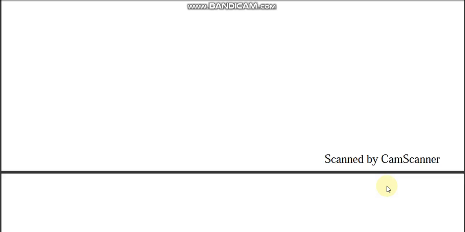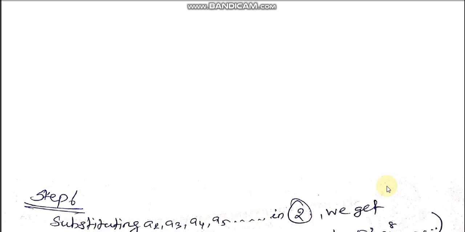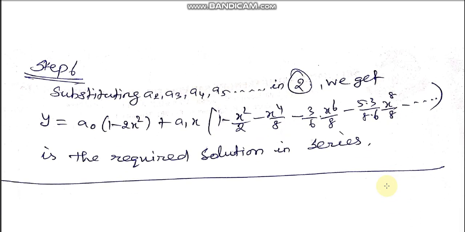On substituting these values of a2, a3, a4, a5 in equation 2, that is our solution. In equation 2, substituting and separating the terms of a0 and a1, we get the required solution. This solution is in series, so we call it a series solution. So within 6 steps we completed this problem.